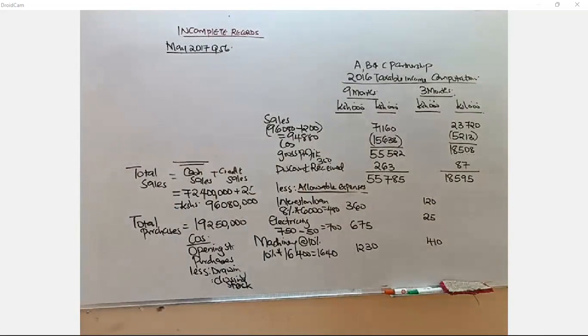Number 8, we have been told salaries and wages include accrued salary to partners of 2.4 million, shared equally among all the 3 partners. So how are you going to be dealing with it? Let us go up there and look on the salaries and wages given on the income statement. Wages and salaries was 6,100.